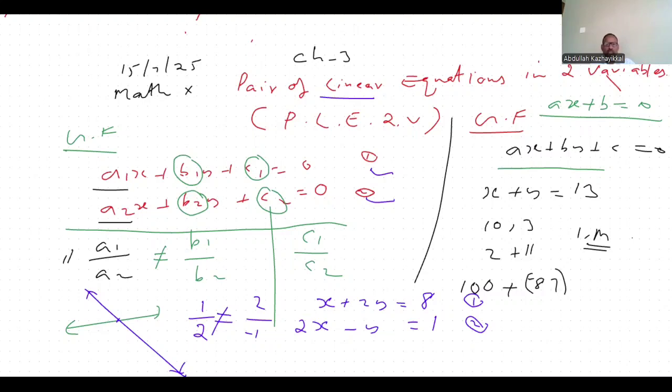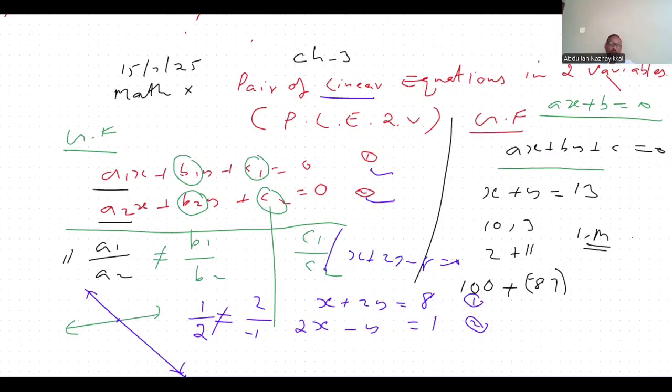And tell me what is C1, my dear children? C1 is minus 8, because we have to write the general standard form: x plus 2y minus 8 is equal to 0. This is the standard form. First you have to write in standard form, then you have to think.